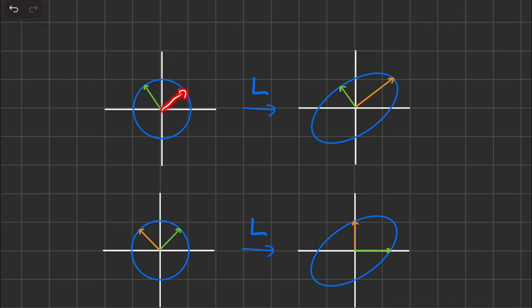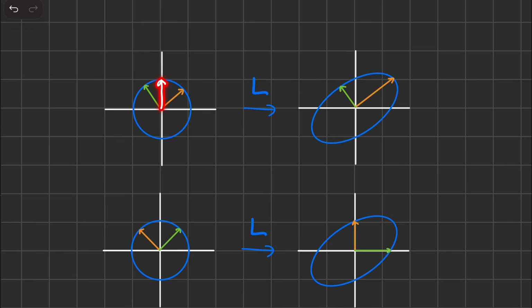So this vector gets stretched in this direction where the angle or the direction of our original vector does not change, thereby making it an eigenvector. This would not, for example, be the case for this vector here, which lies halfway in between the green and the orange vector, because now halfway between them is no longer on our y-axis.